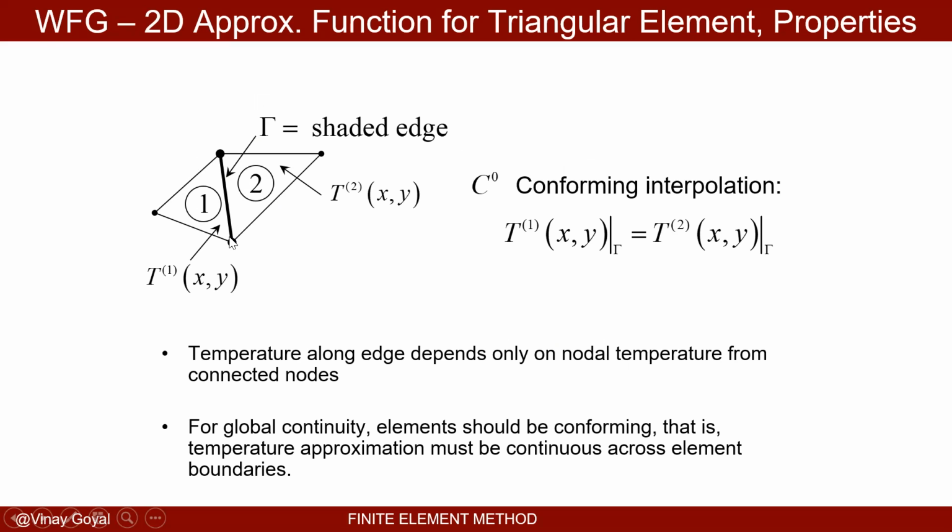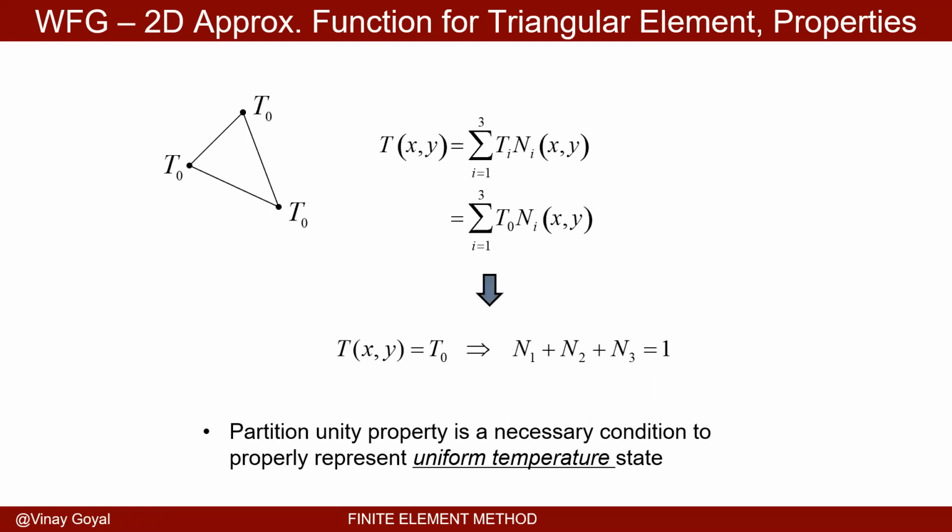And so for global continuity, elements have to be conforming. That means that the temperature approximation must be continuous across element boundaries. So if the temperature for this element and the temperature for this element at this shared node must be equal, and therefore they share the same interpolation across the edge. So these two properties are very important.